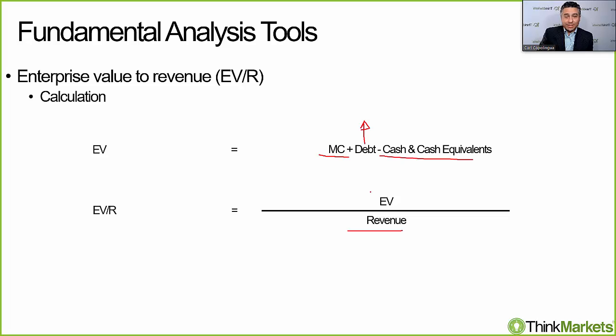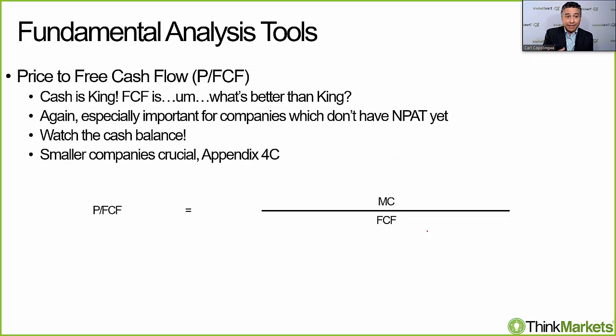Obviously, more debt's not always a good thing. Less debt would make it lower. Again, inverse for cash, more cash makes the number lower. So we're seeing reasons why a lower number is better. Market capitalization is how much you're paying. Again, you want the ratio to be as low as possible. I'll show you how to calculate in a second.